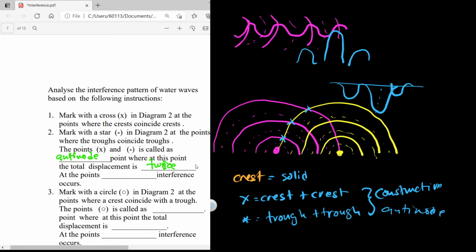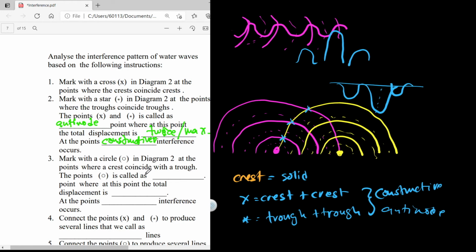We can put it as twice or maximum, the highest possible point that we can get from the two waves. So at these points, what type of interference? It is what we call constructive interference.